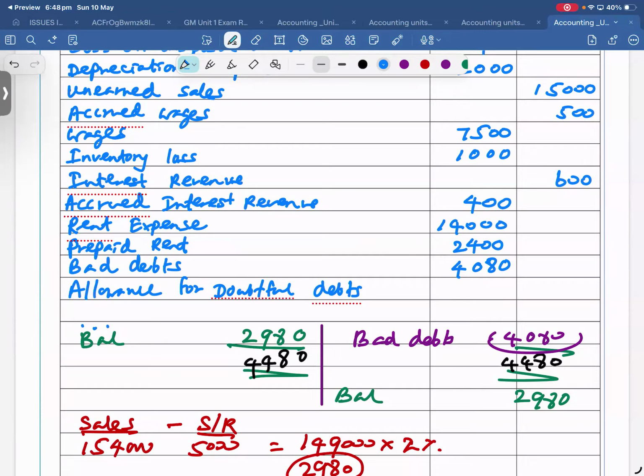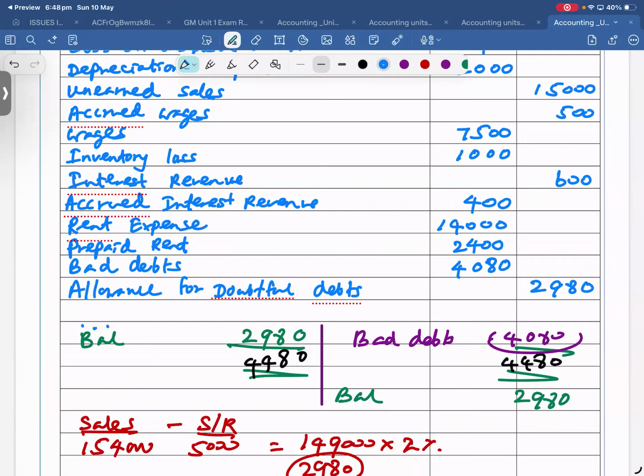Yes, Christian, what's the balance for allowance for doubtful debt? Next question. How much? 2,980. Yeah, closing balance. Don't take anything else.